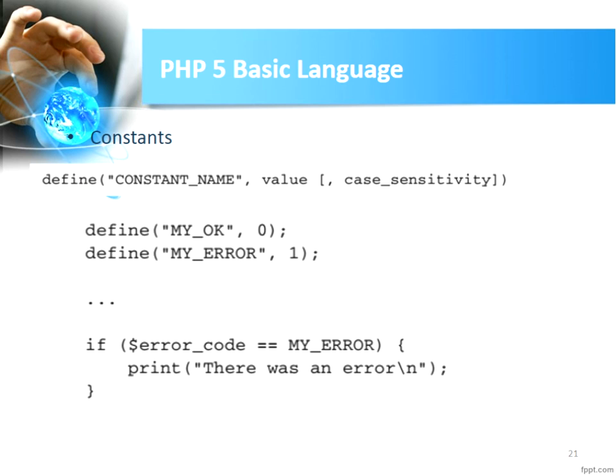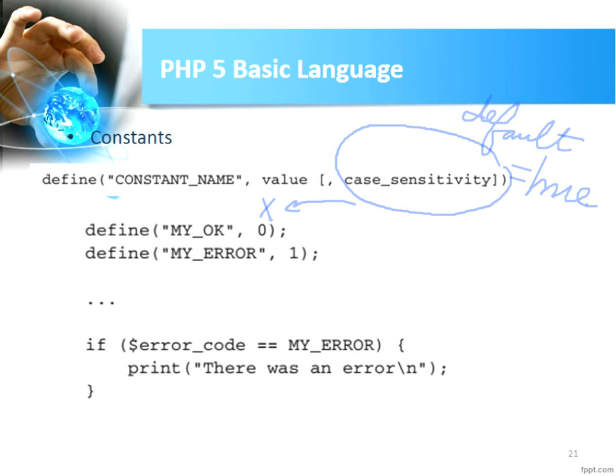So here in this example, I don't specify case sensitivity, so the default value is true. That means when I use this constant, I have to write my OK like this. I cannot write, for example, my OK with lower case.